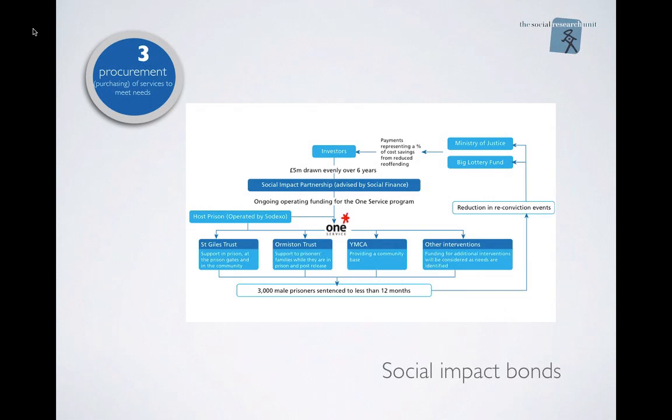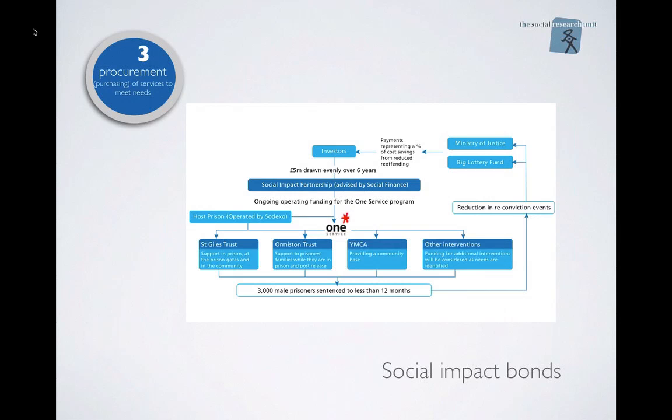Statistics show that 60% of short sentence prisoners reoffend within 1 year of release. This is arguably because they receive little statutory support to address the causes of their offending. The project is designed to reduce such reoffending rates on a payment by result basis.